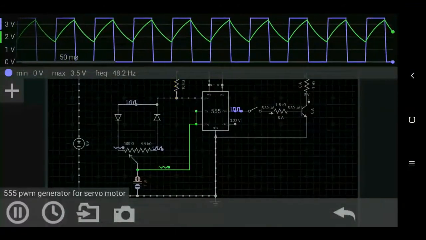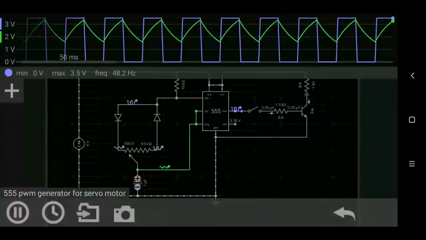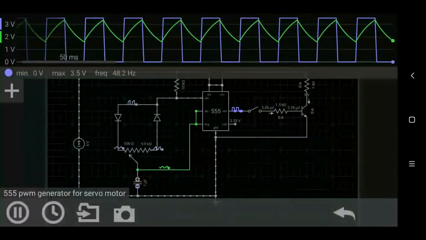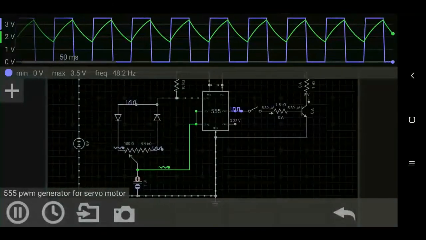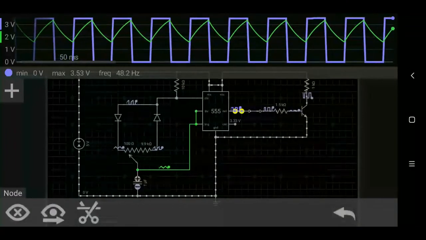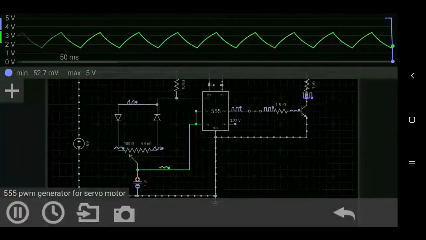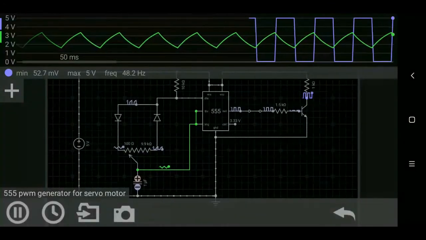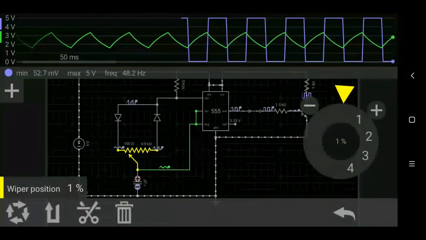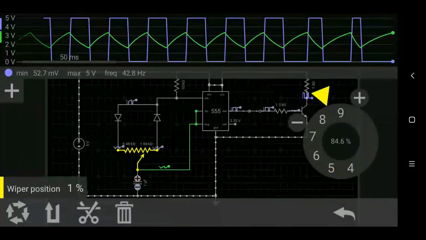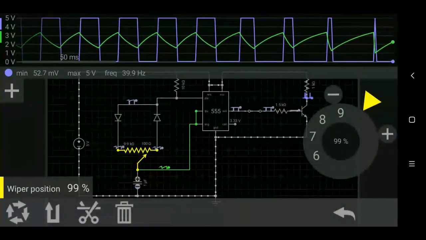So what can we do to get a duty cycle between 5% to 10% in order to control our servo motor? Here I have one solution. I have just inverted the signal. And we get a duty cycle variation between 50% to 0%.